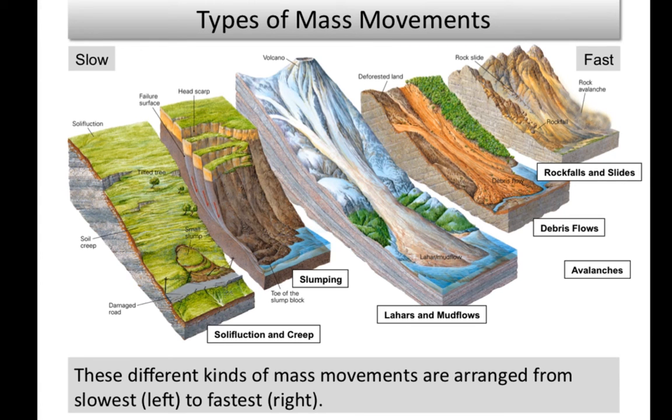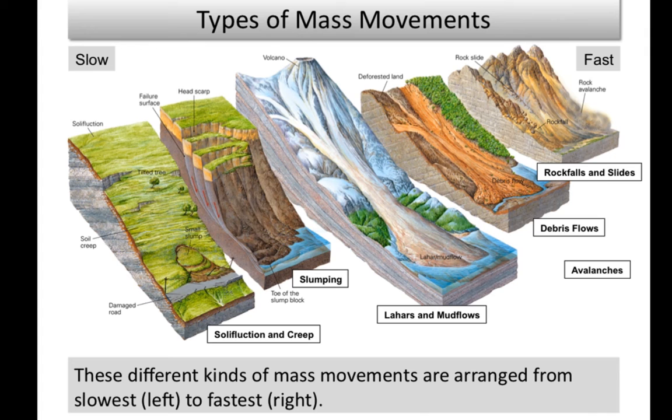Another feature that's not shown here is solifluction, and that has to do with permafrost, where the soils are going to be slumping off of the frozen material that's several meters down. And then the slumps are mostly slow, but they can actually have some velocity. They can move several feet per day in some cases.